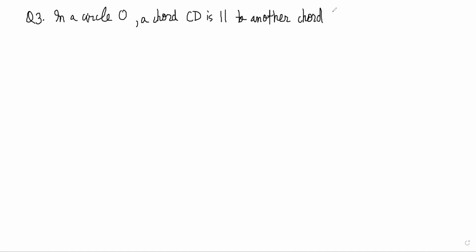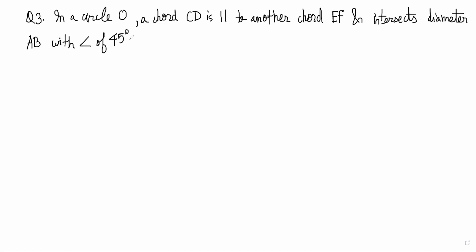Question number 3. In a circle O, a chord CD is parallel to another chord EF, and intersects a diameter AB with an angle of 45 degrees.